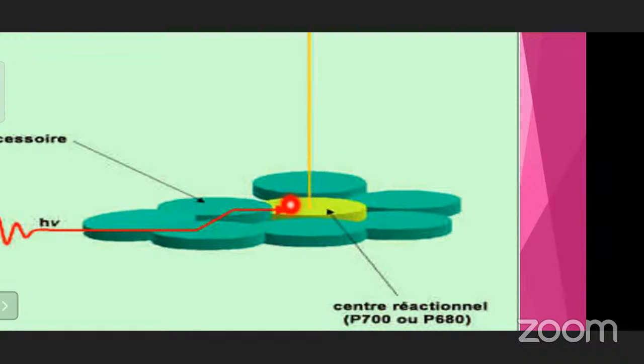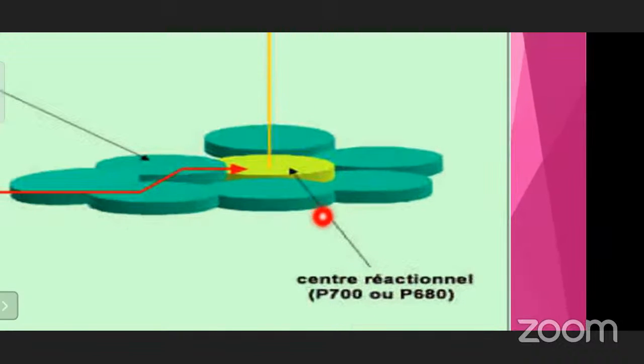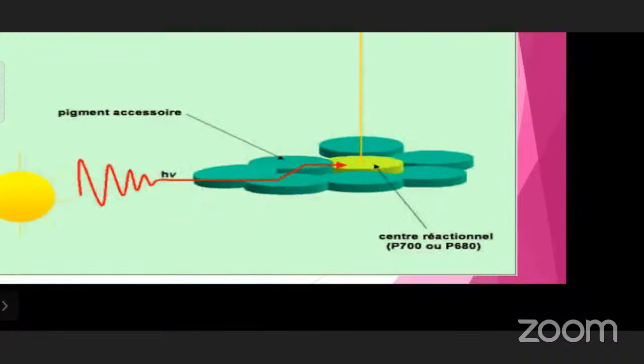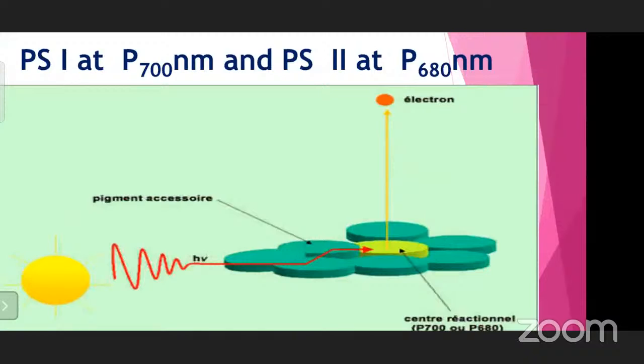This reaction center may be located at two places, at the P700 wavelength and the P680 wavelength. P700 means PS1 and P680 means PS2. So two photosystems will be there in the grana. Both photosystem 1 and 2 are present in the grana, and you must know the importance of this photosystem.